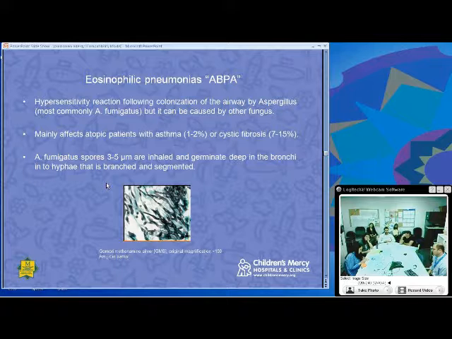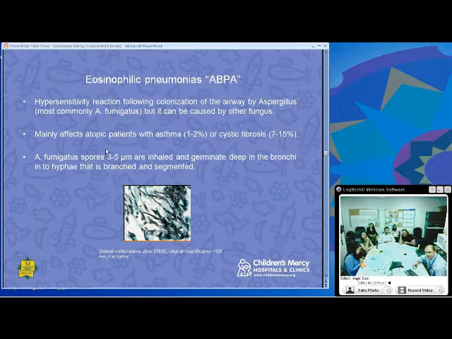It is most commonly seen in patients with asthma or cystic fibrosis, and we see it very often in our cystic fibrosis patients. I've read that up to 15% of cystic fibrosis patients can have it. The spores are very small, less than 5 micrometers, so they can penetrate deep in the lung, pretty much to the alveoli, and this is why these things happen.